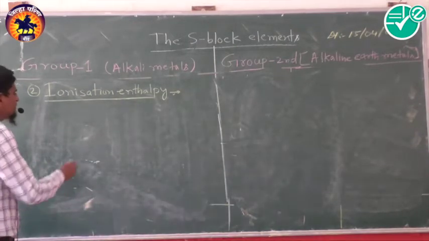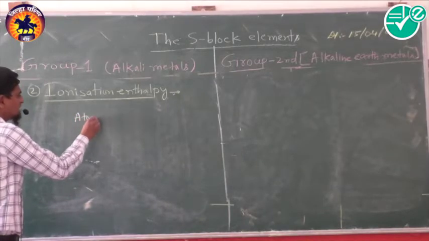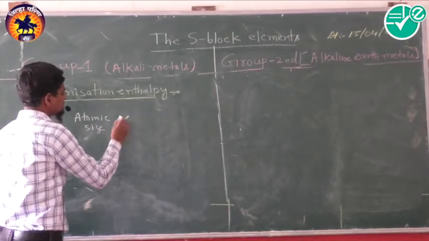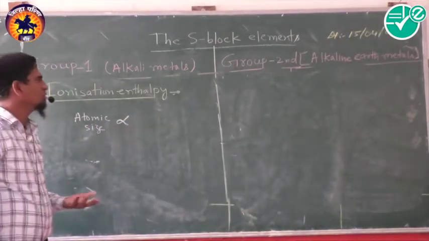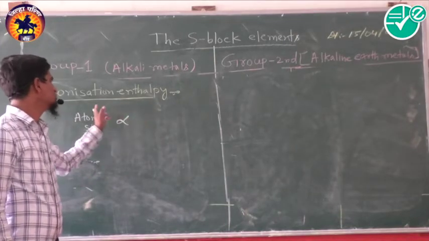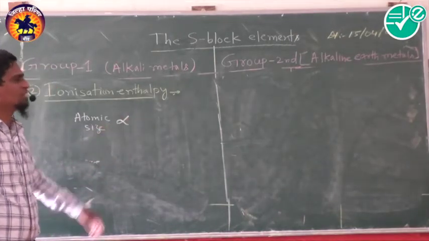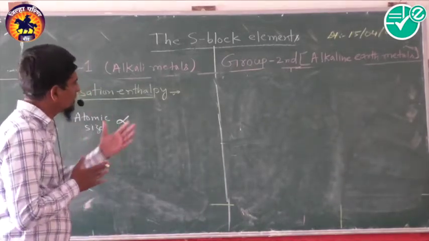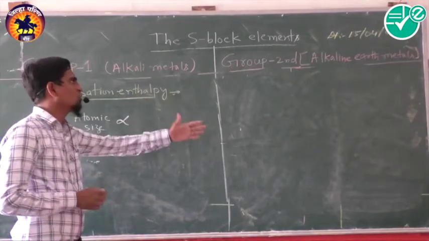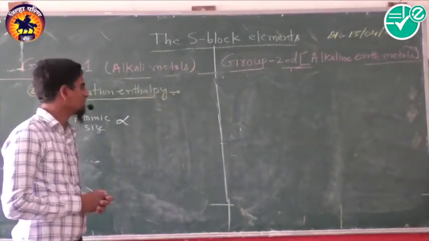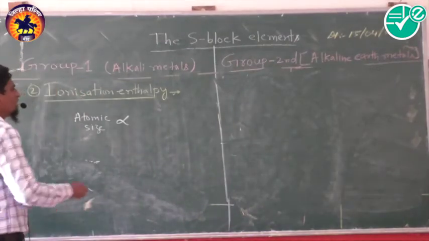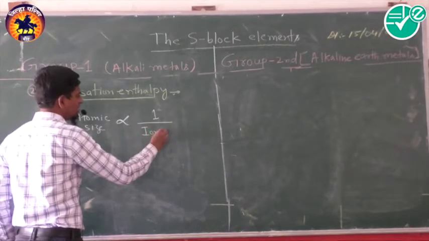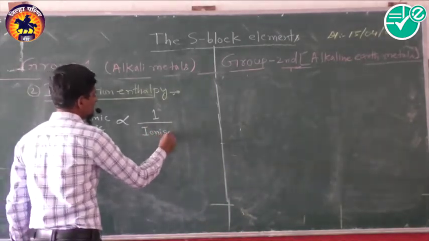We know the relation between atomic size, as I showed you now, and ionization enthalpy, so it is very easy to determine the relation between these two, or to evaluate the trend of these elements. How? As atomic size increases, ionization enthalpy decreases.